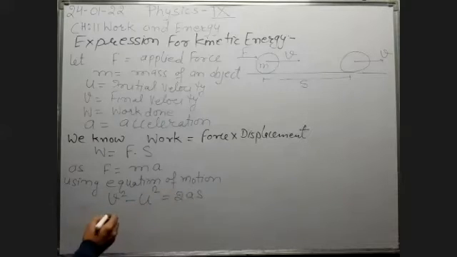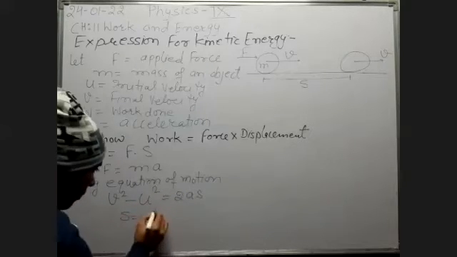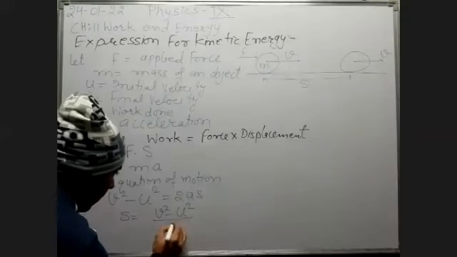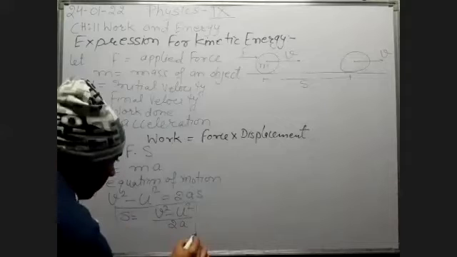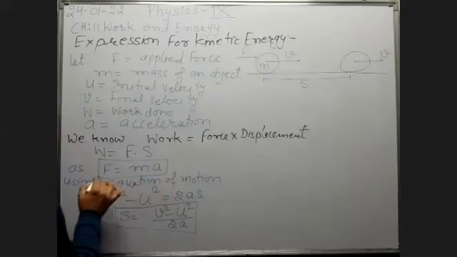So we can calculate the displacement from here. S is equal to v square minus u square divided by 2a. So this is the value of displacement. This is the value of applied force.